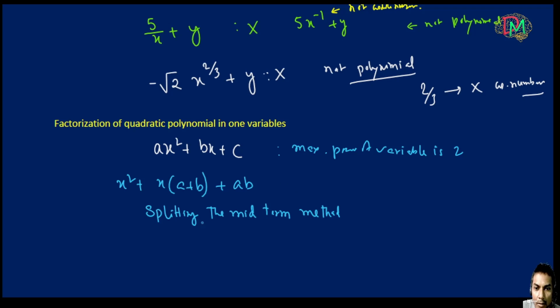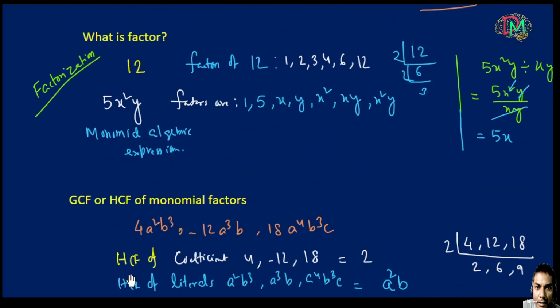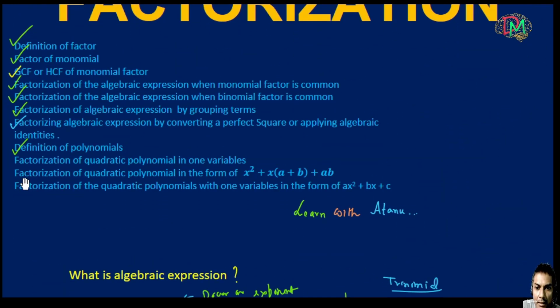And if the format is ax square plus bx plus c, then also we can apply the splitting the midterm method. Both these cases we apply this. Actually here we covered the last 2 points, the factorization of quadratic polynomials in this form and in that form, so all 3 things we covered here.